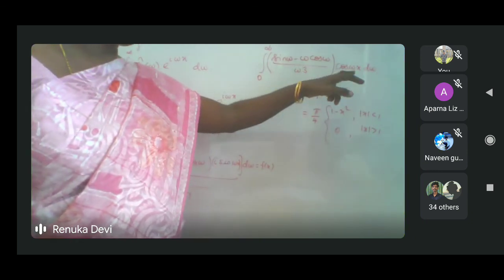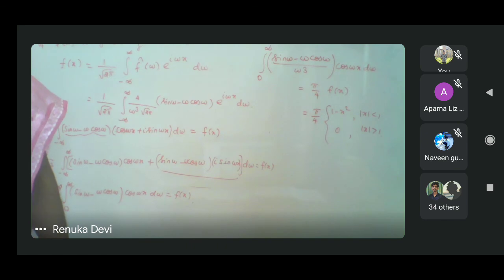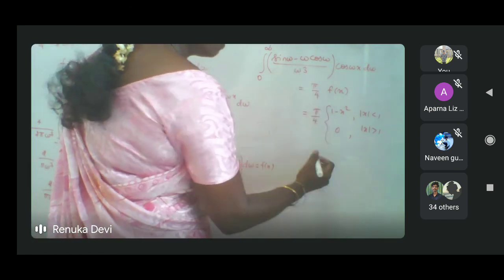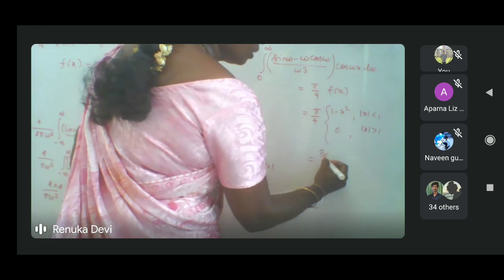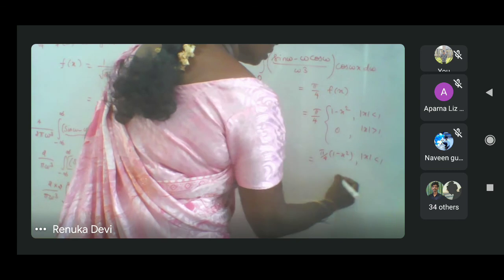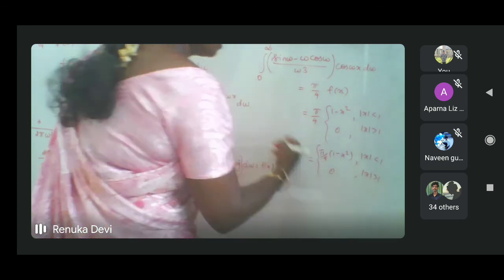What value do you have to give for x? So this integral will be equal to pi by 4 into 1 minus x squared if modulus x less than 1, 0 if modulus x greater than 1. So this is the integral value.